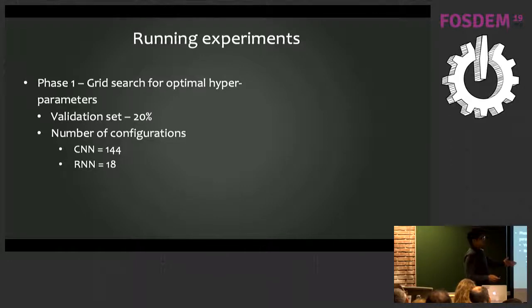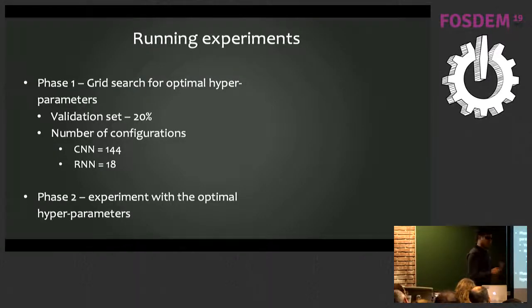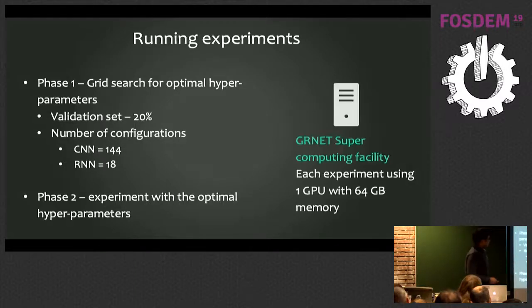In the second phase, when we know which configuration works best, we run it again with validation 0, obviously. And we performed all the experiments on the GRNET facility, which is a Greek supercomputing facility, with 1 GPU and 64 GB of memory.